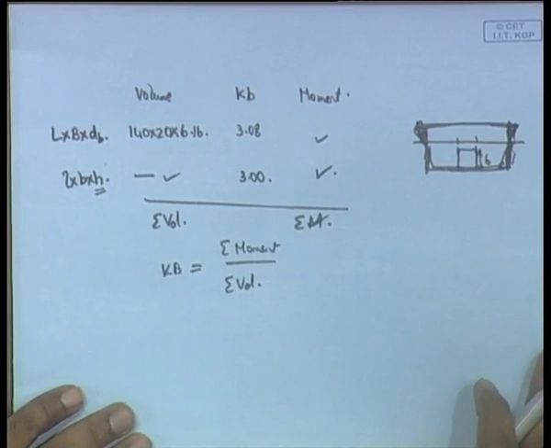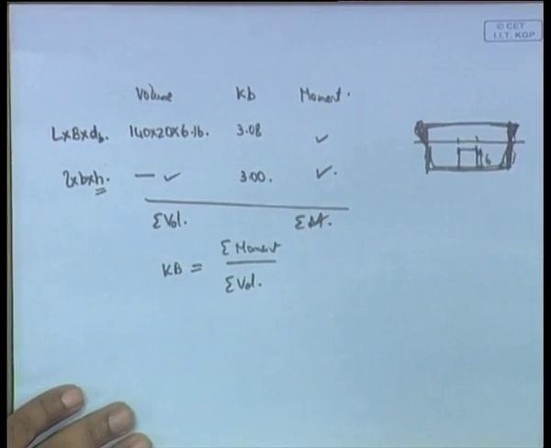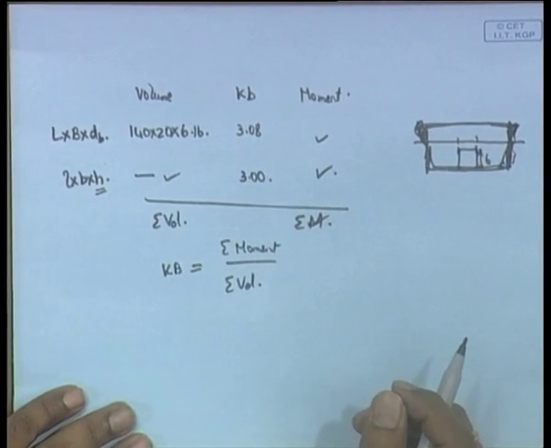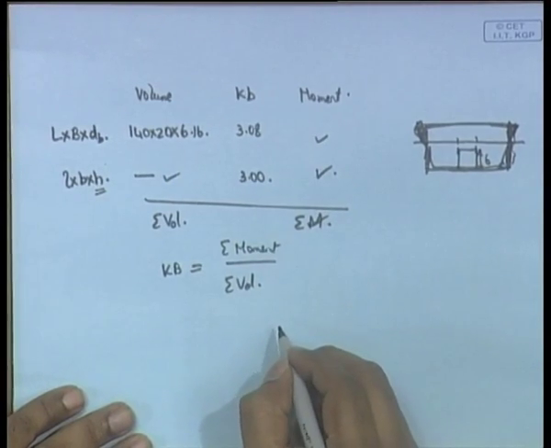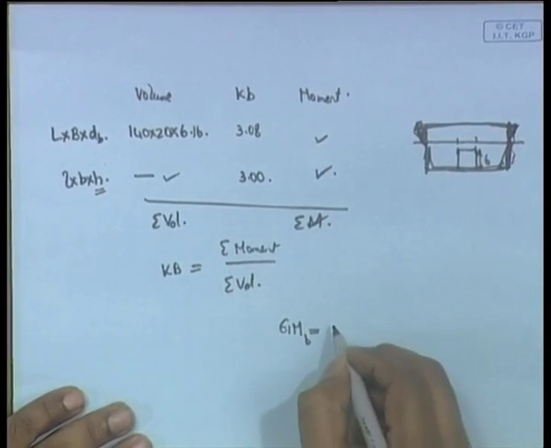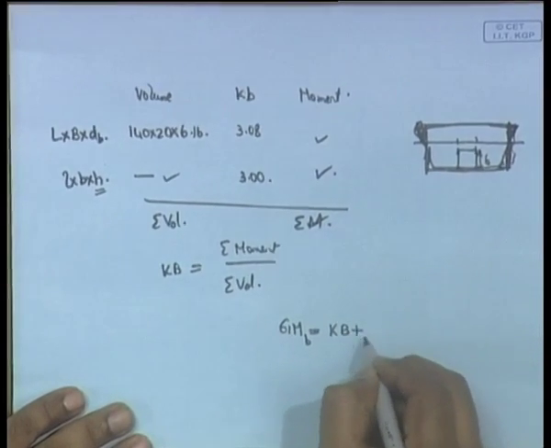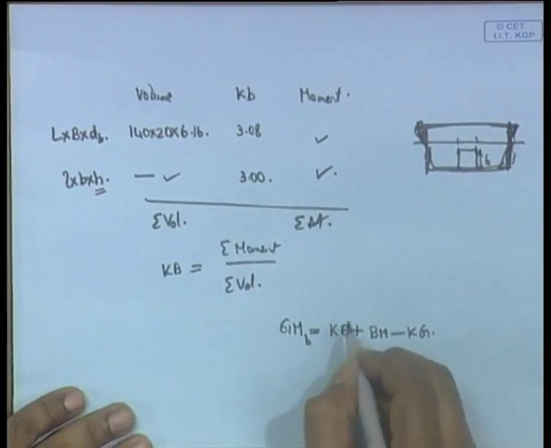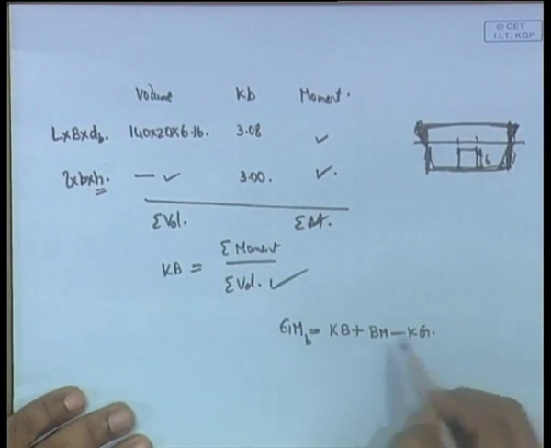Once you have that, you know KB, I have already told you how to get BM, and KG is already given. Therefore, GM of the vessel finally in the bilged condition becomes KB plus BM minus KG. So, this is the final KB, BM, KG.